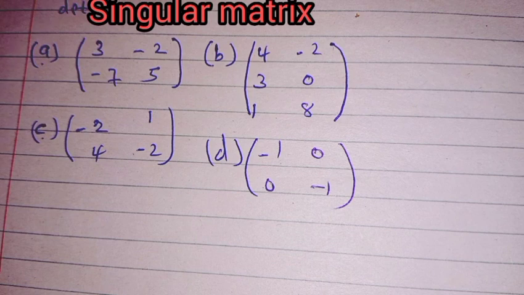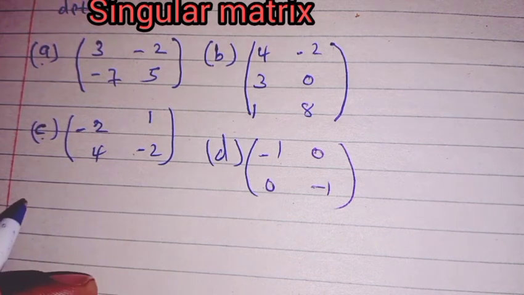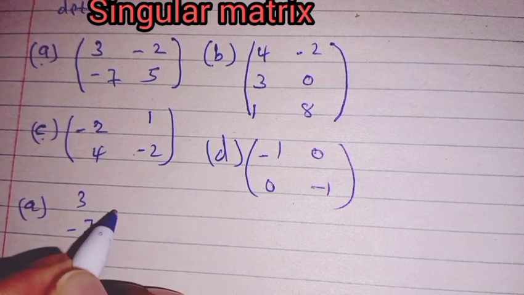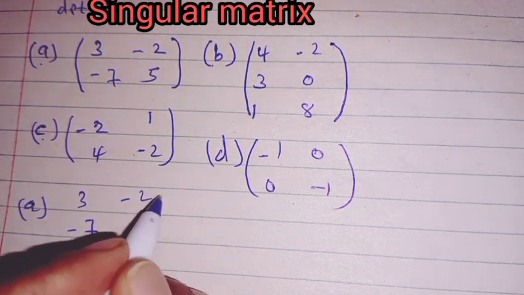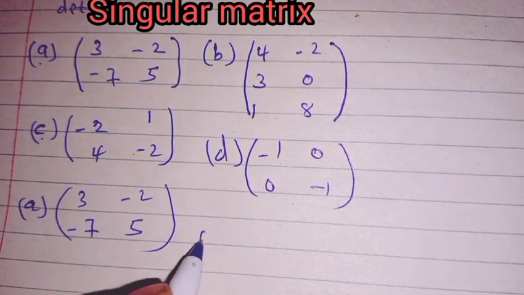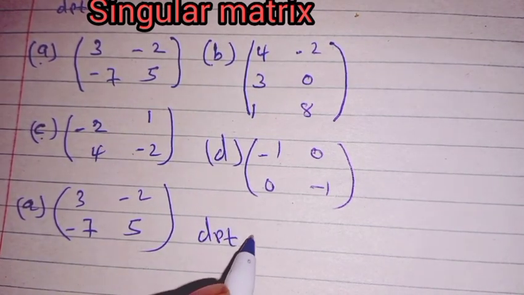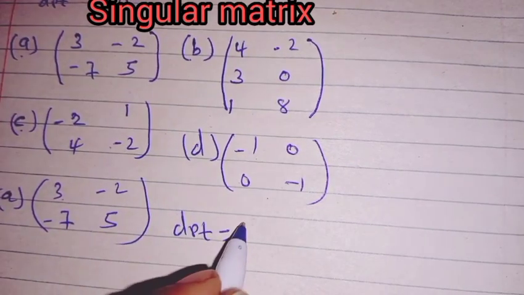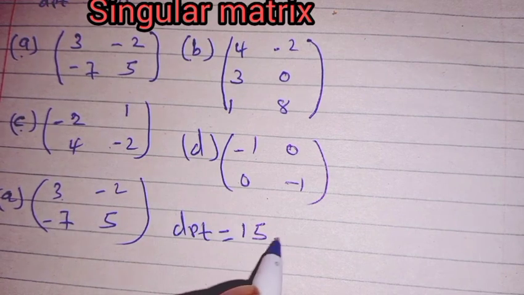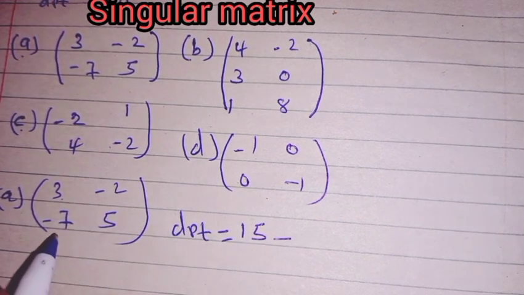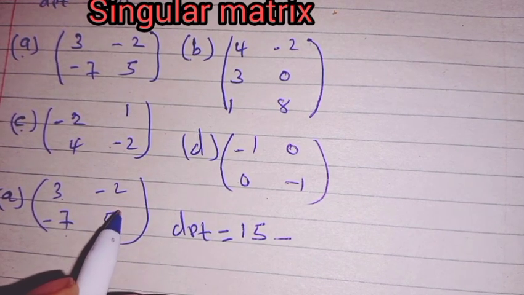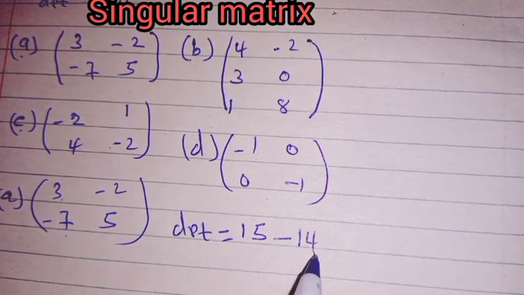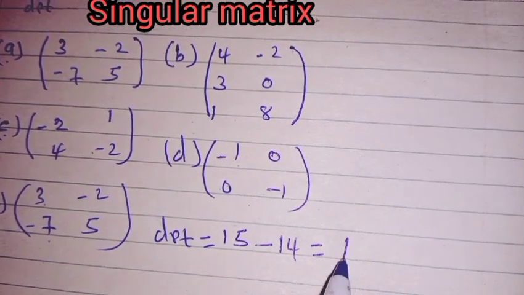So we begin with A. A is a square matrix. You have elements 3, -7, -2, 5. So the determinant of that matrix will be given by the product of the main diagonal, which is 3 times 5, which will give you 15, minus -7 times -2, which will give you positive 14, which is equal to 1.